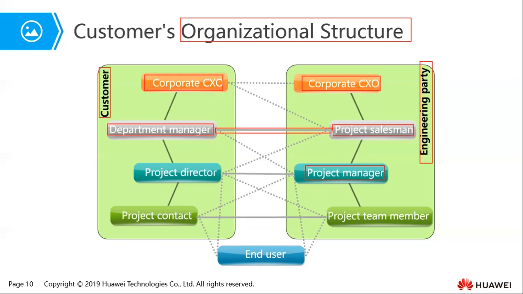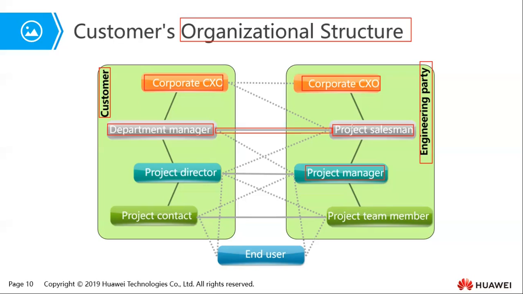Now, generally, the project salesman really is responsible for the regular communication about the project. For example, establishing and doing those surveys in order to understand the user requirements, coming up, for example, with the work plan and following up on that particular work plan.